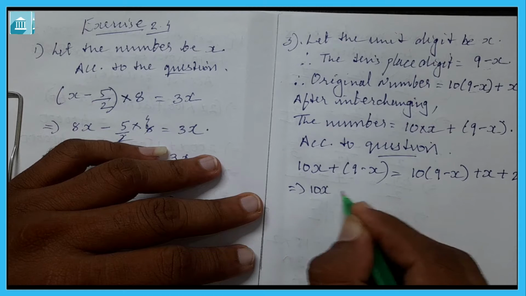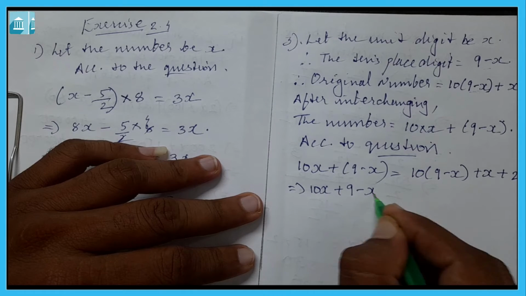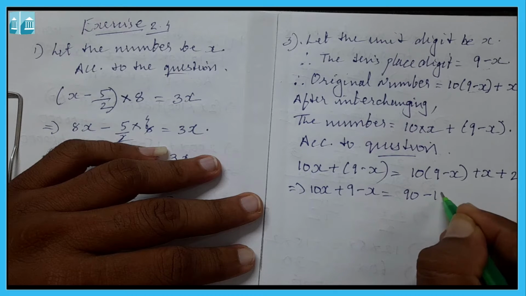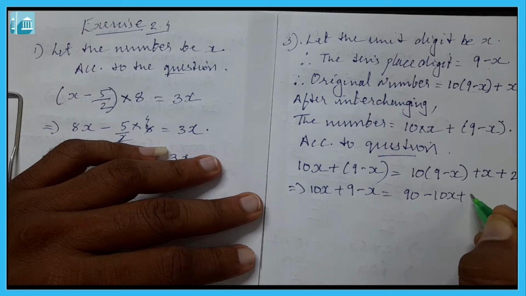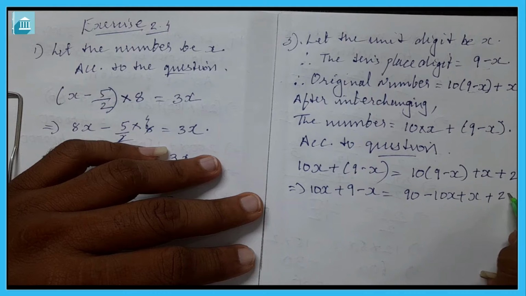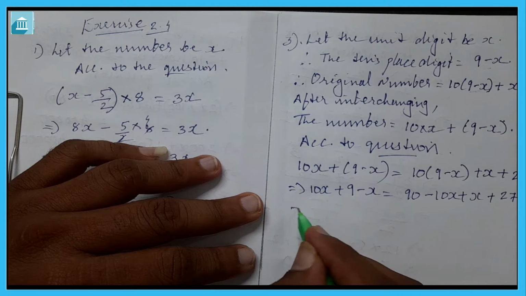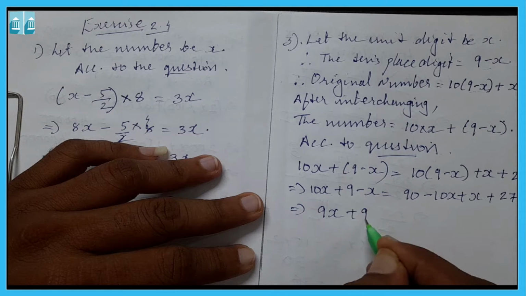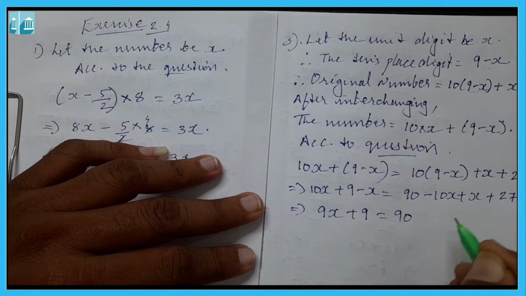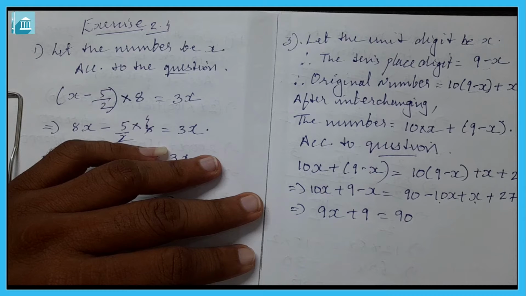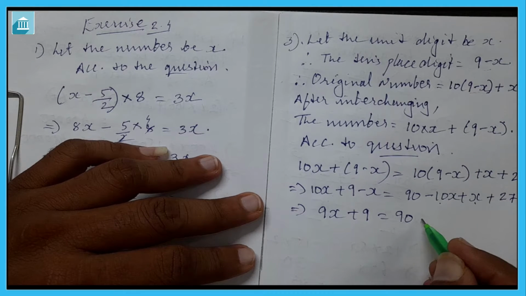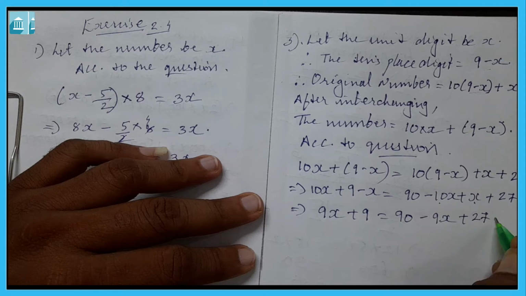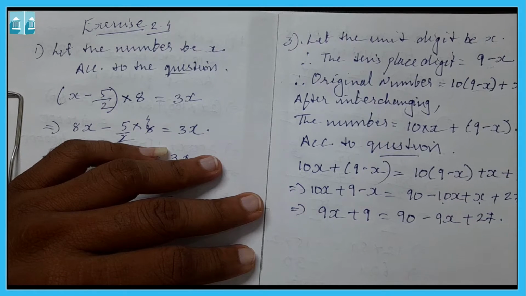Then it will be 10x plus 9 minus x is equal to 10 into 9, which is 90, minus 10x plus x plus 27. 10x minus x is 9x, plus 9 is equal to 90 minus 9x plus 27.